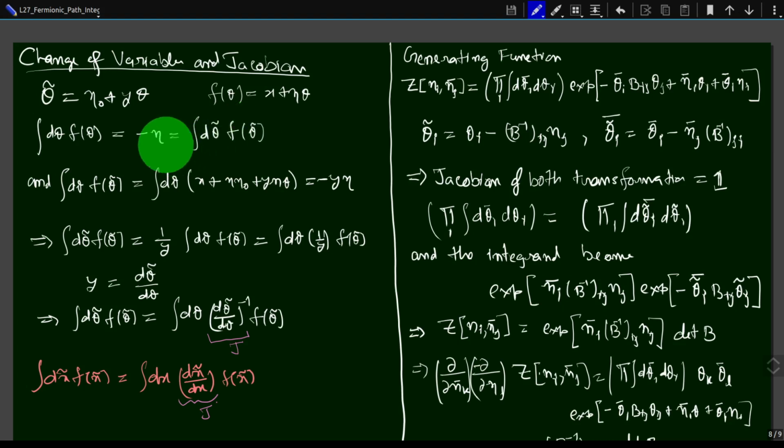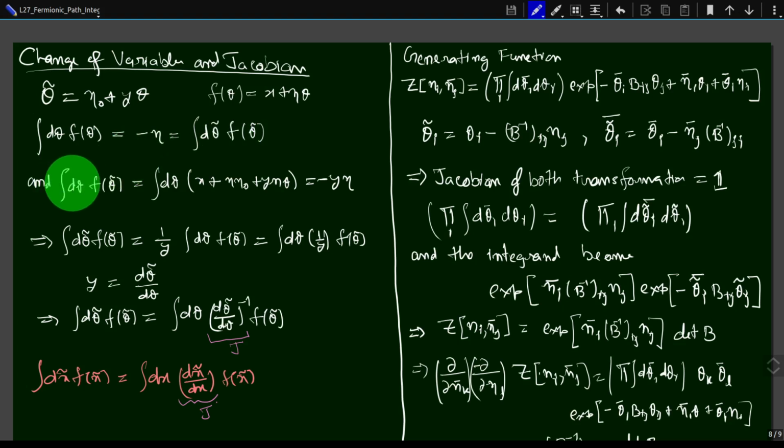I should have had this. So it's just a name of the variable, right? Because theta is an integration dummy variable. So just renaming theta to theta twiddle will not change the value of the integral. And this is equal to minus eta, as we computed earlier.